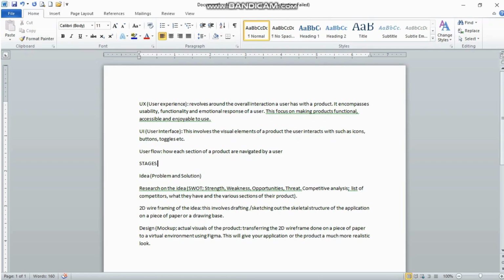After doing your research, you carry out a 2D wireframing. You pick up your pencil and drawing materials, and you sketch out how you want your application or website to look on a piece of paper. After this, you move on to the design stage, which is the mock-up.